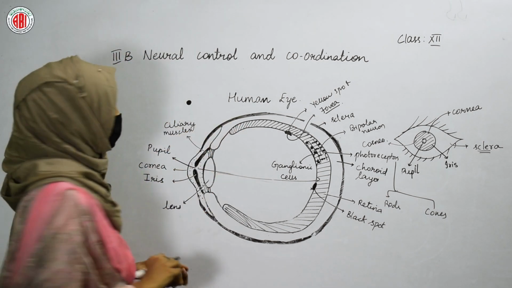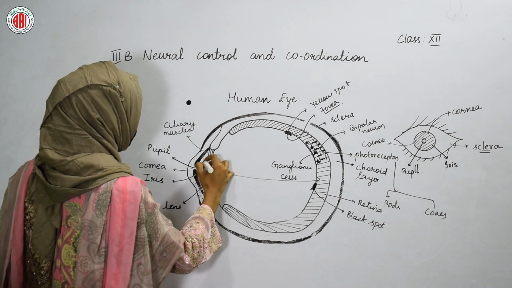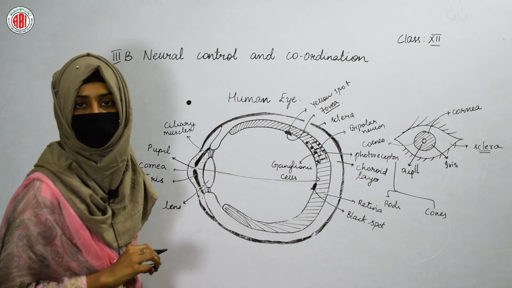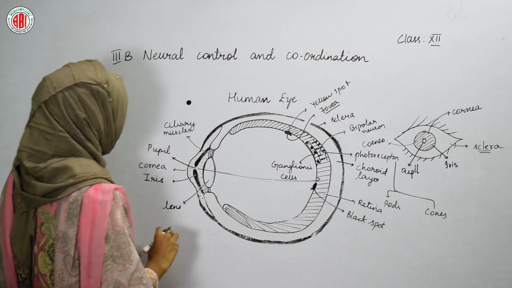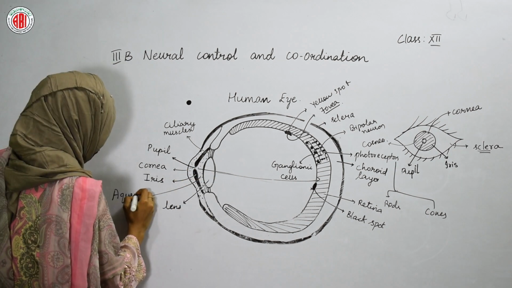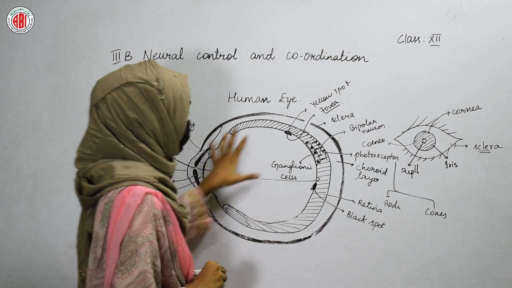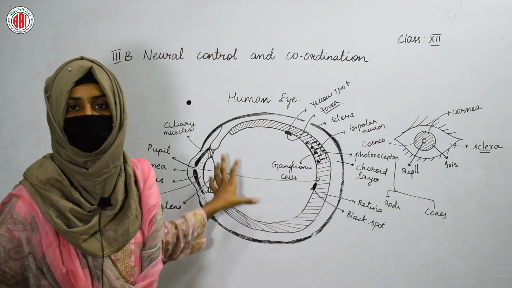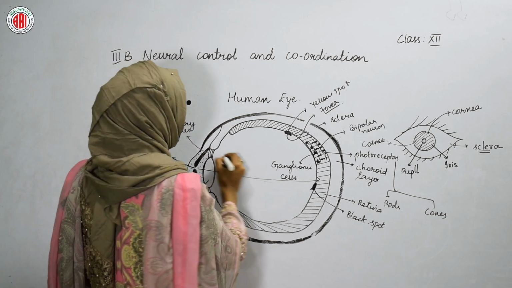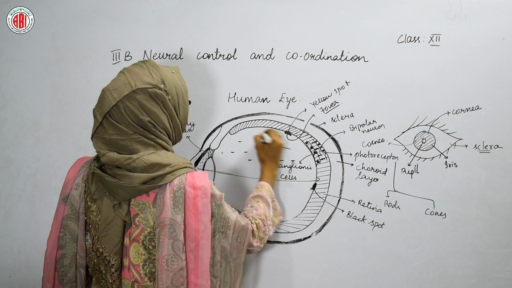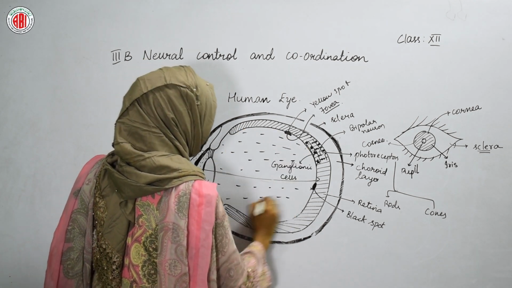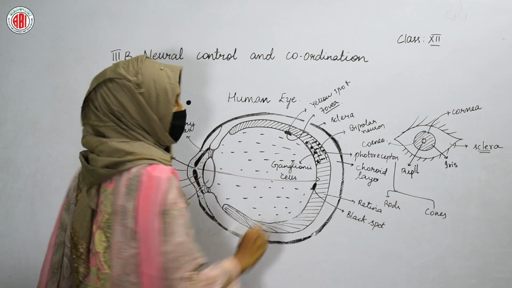Besides this, you can find a liquid which is present behind the iris. The liquid is found in between the iris and the lens. We call that liquid aqueous humor. And after the layer of the retina, the place which is left in the ball of our eye is filled with another fluid which is sticky.